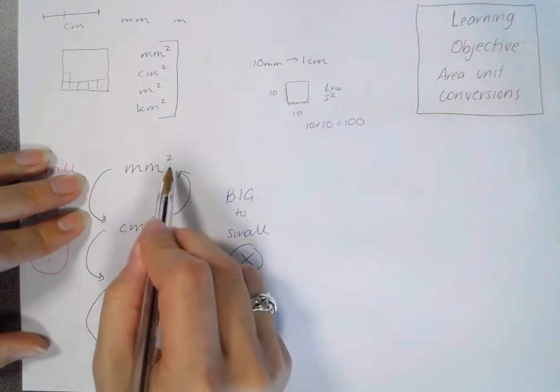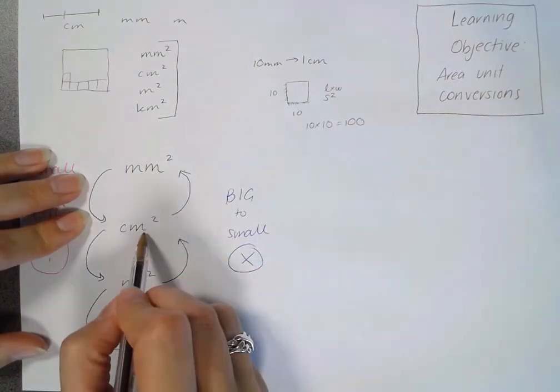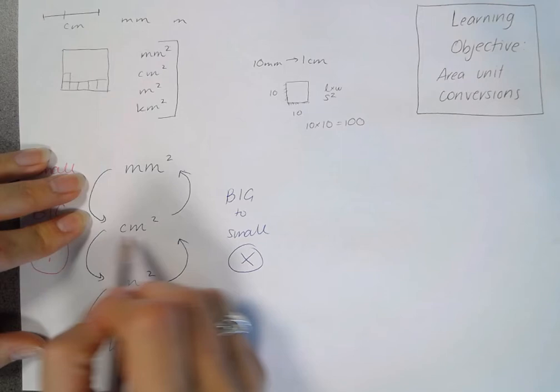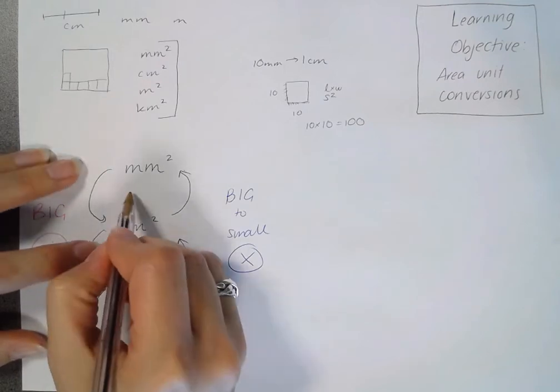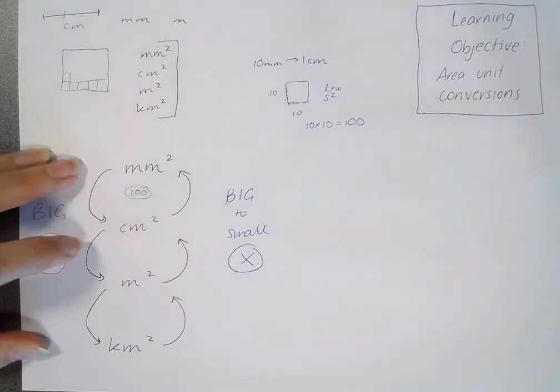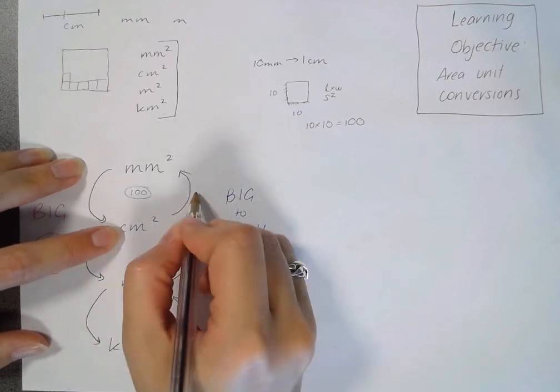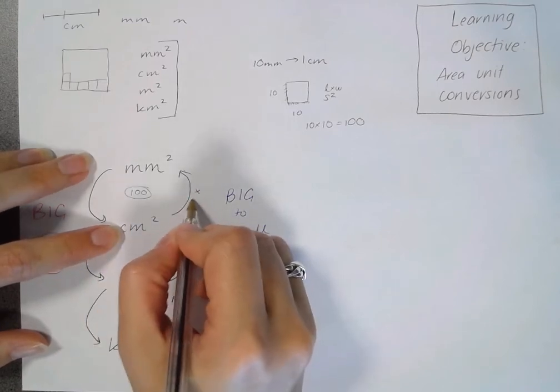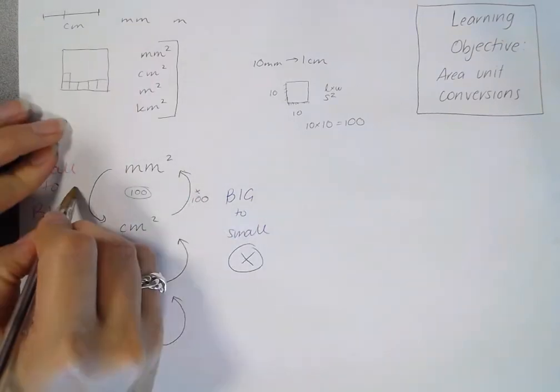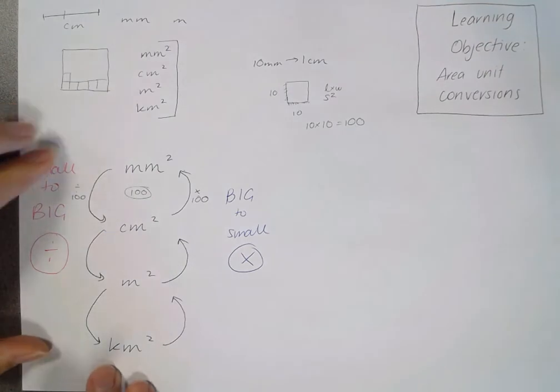So this time the number we need to use to go from squared centimeters to squared millimeters, or vice versa, is 100. If we went from squared centimeters to squared millimeters, we would times 100. If we went the other way, it would be divide 100.